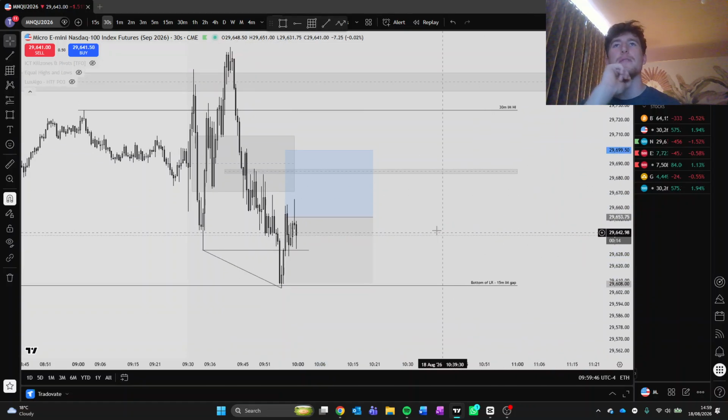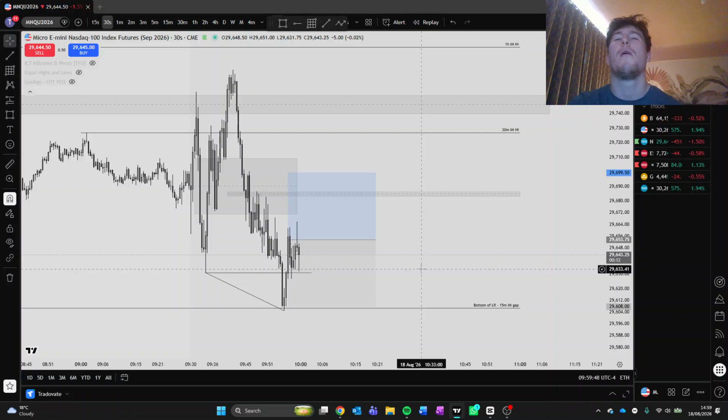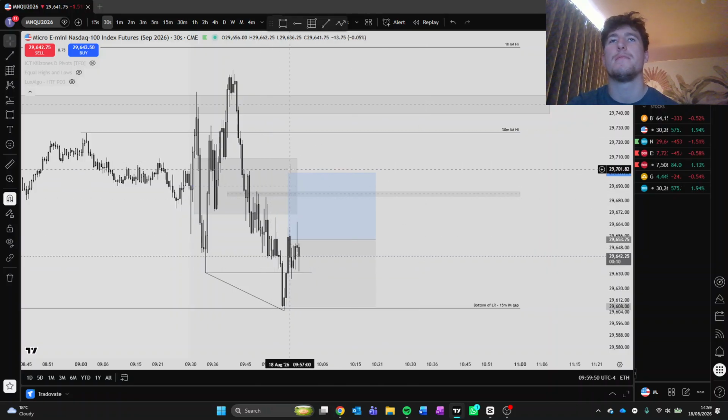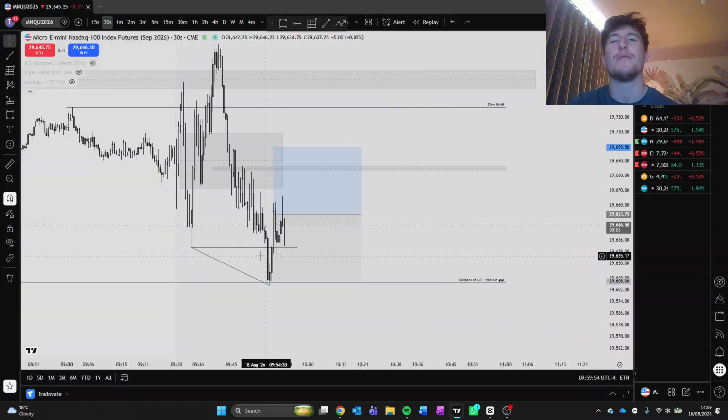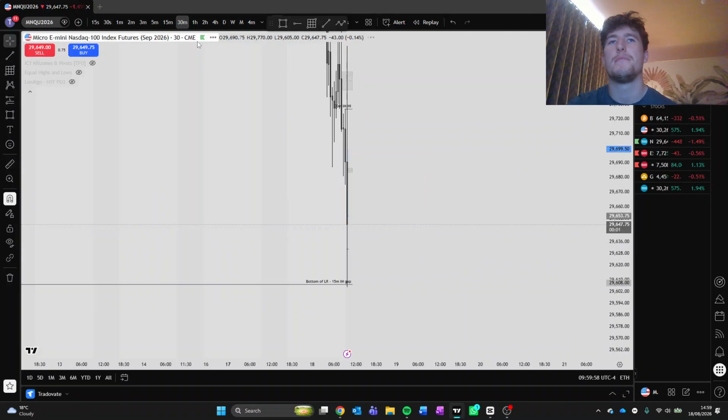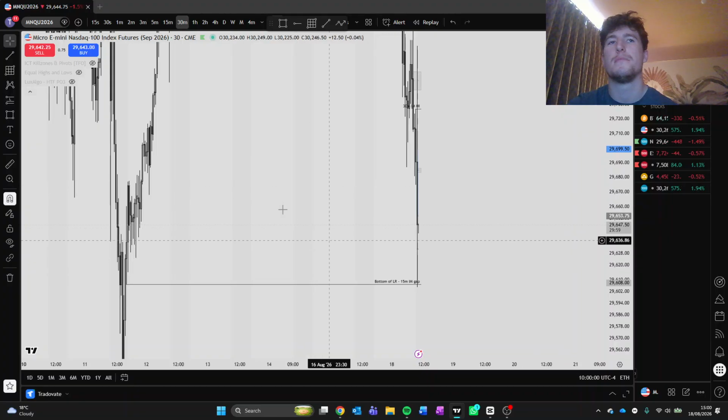It's probably the best one I've seen today. Counting the LR, it's a mech from the 5-minute. You have a strong SMT. A 30-minute gap.